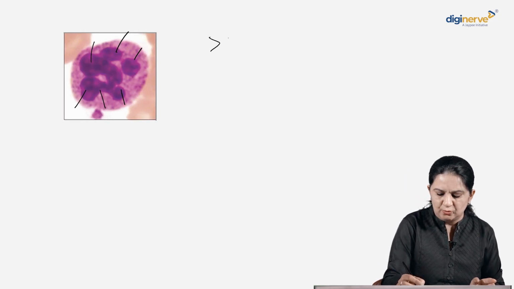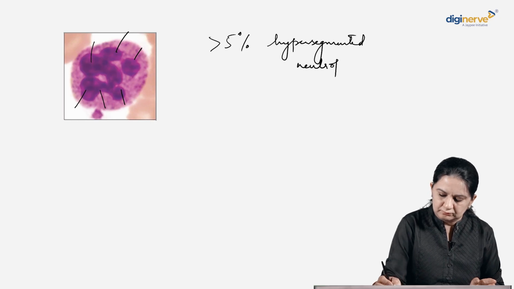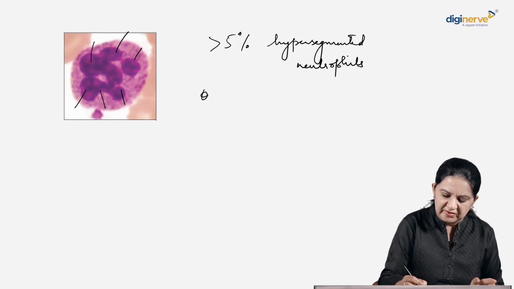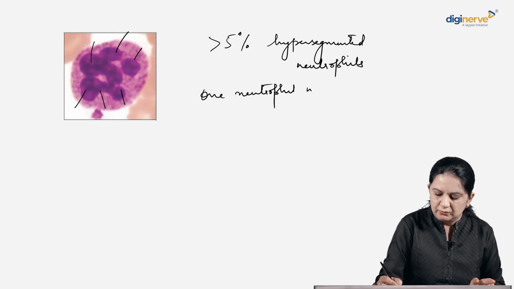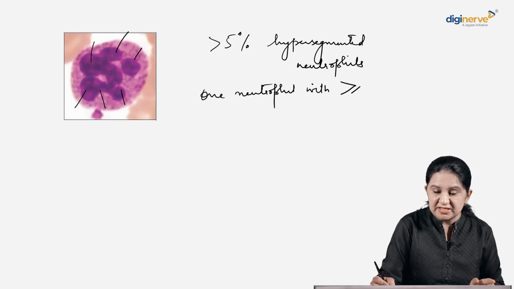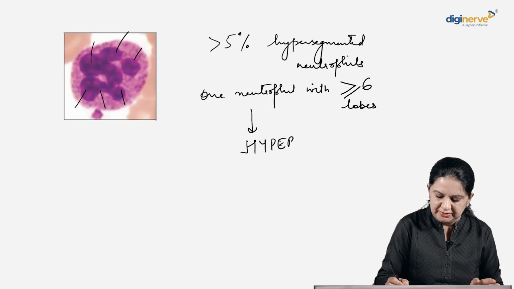Here you will see multiple lobes, hypersegmented. When will you call it hypersegmented? When you see more than 5% hypersegmented neutrophils in the blood picture, or even one neutrophil with 6 or more lobes is sufficient to call it a hypersegmented neutrophil.